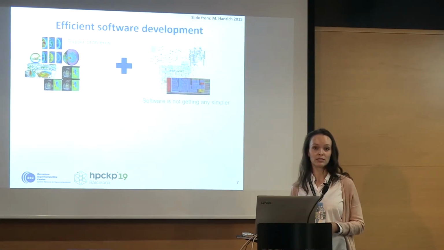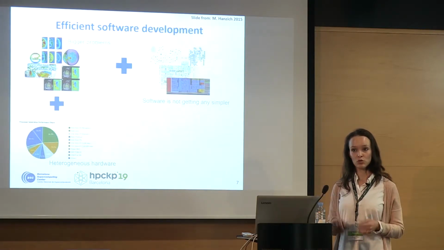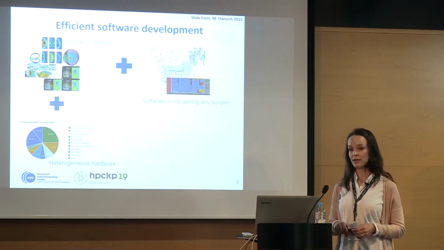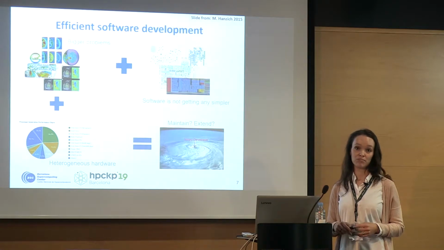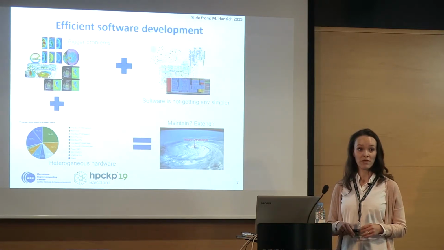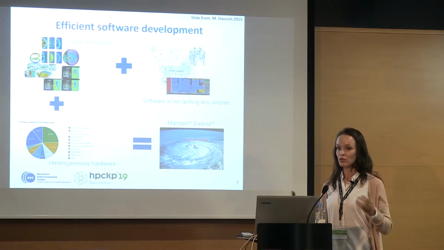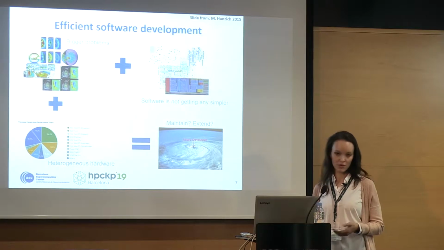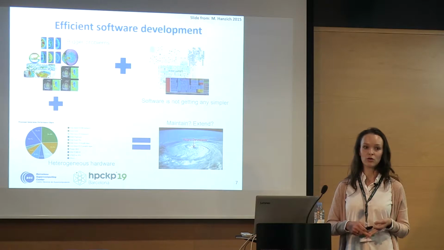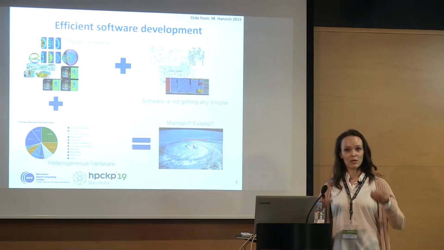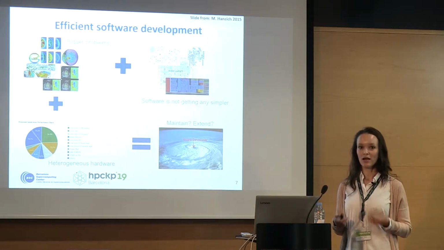So the software is every time bigger, more complex, and if you include the heterogeneous architectures that are available in the market, then you have kind of an explosive combination. Everything is getting bigger in all dimensions, so you need to cope with it. Of course, that leads to software that is hard to maintain and hard to extend. The learning curve is steep, so for a developer it's an ecosystem really hard to chew.